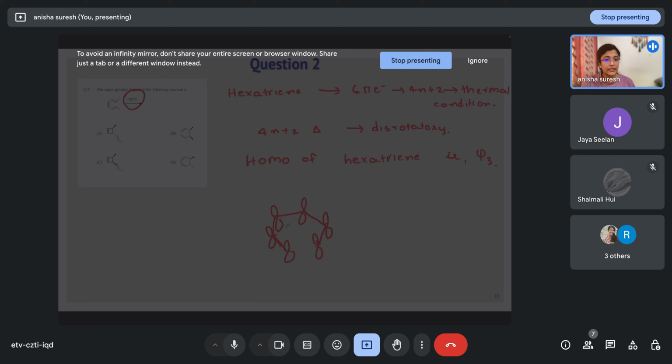So in case of psi 3, there will be two nodes. So the nodes will be at these two centers according to symmetry.